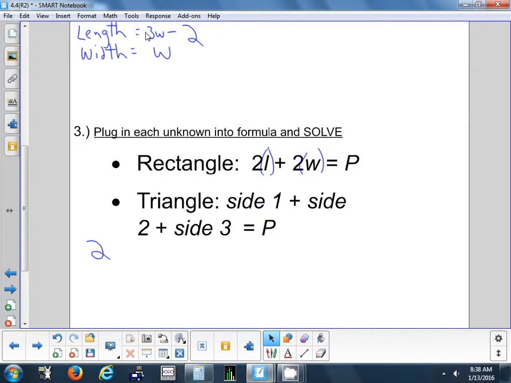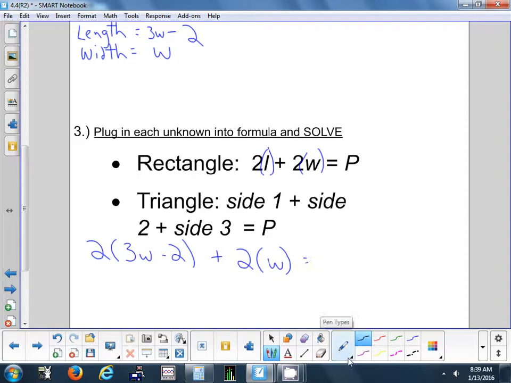I'm going to plug in what I know for length into this formula. 3w minus 2. All right? Back to the formula. Plus, part of the formula. I have to put it there. 2, part of the formula. I have to put it there. Right now, what do I have for width? W. There's w. Just w.